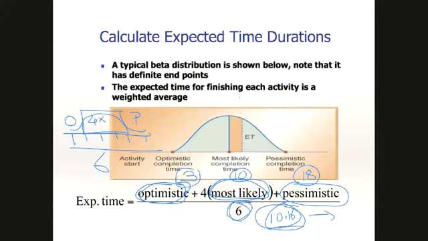Now the important thing to know is that if you're ever dealing with an activity that has a lot of uncertainty, you would change this equation. More uncertainty means more weight on pessimism, less weight on optimism, and less weight on most likely.